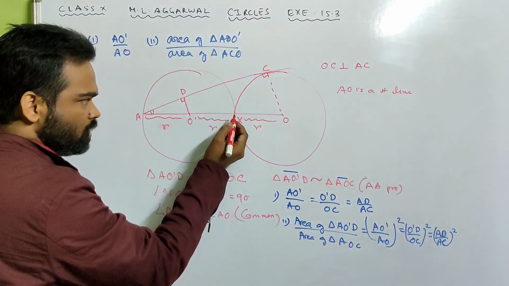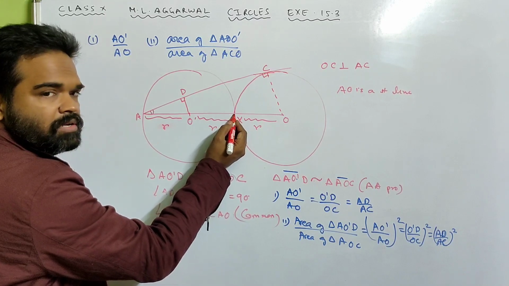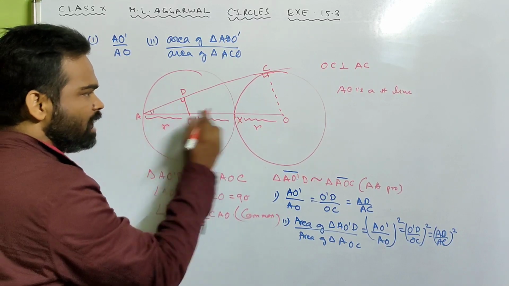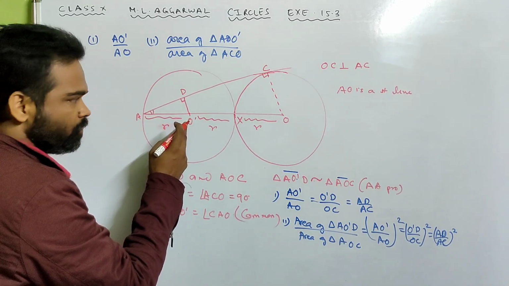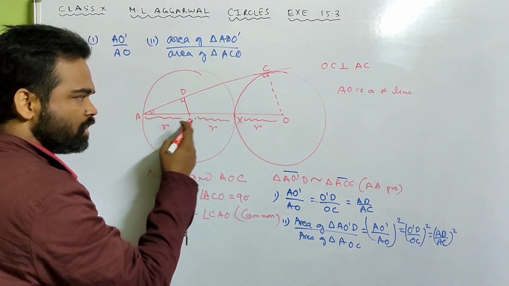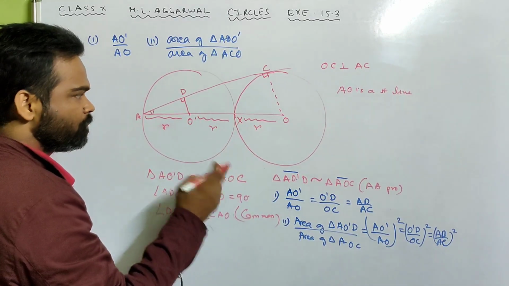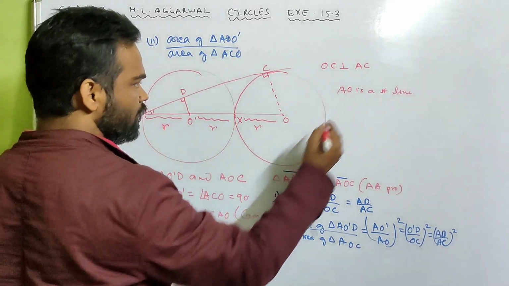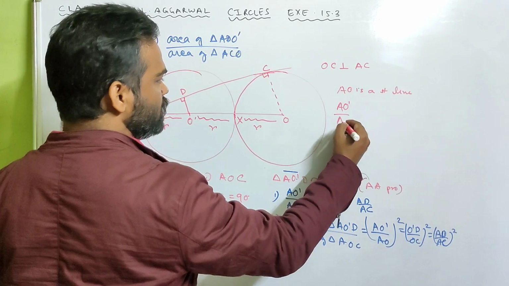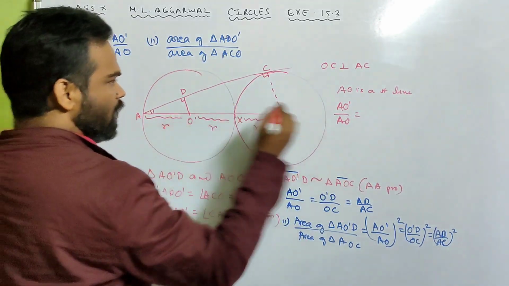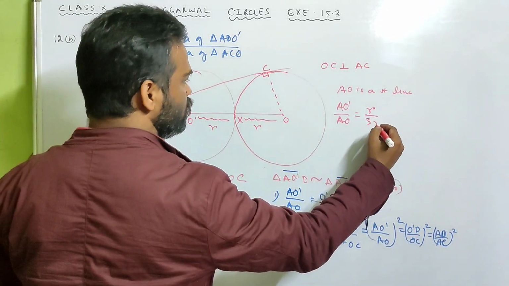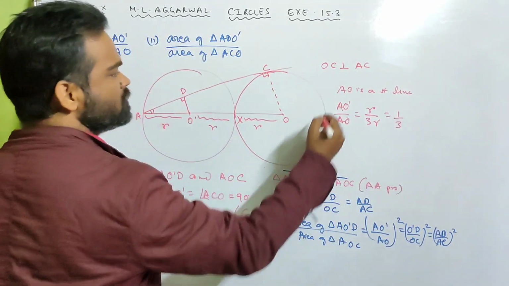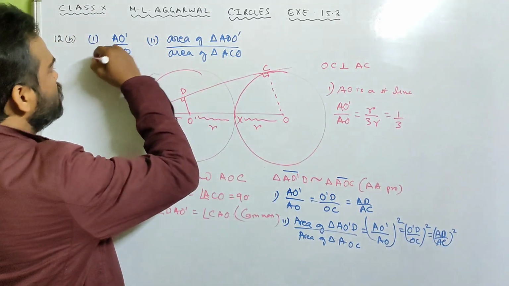Because if two circles touch each other externally, then the point of contact and the centers lie on a straight line. Yes or no? So O dash is a straight line, which means AO is also a straight line. Then AO dash by AO. AO dash is R and AO is 3R. Look carefully. So 1 by 3, which means the ratio is 1 by 3. Done.